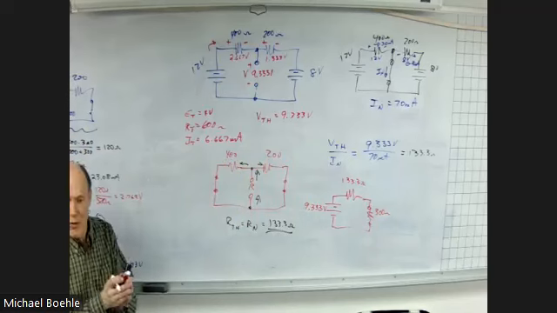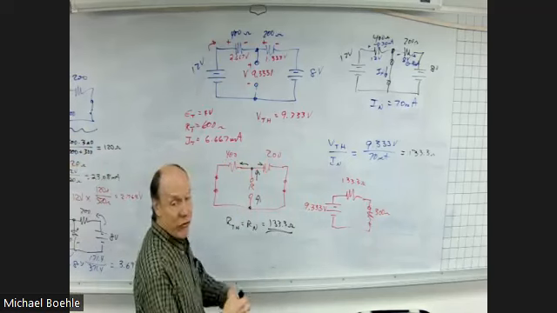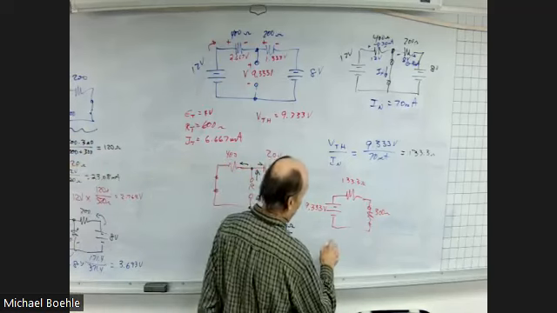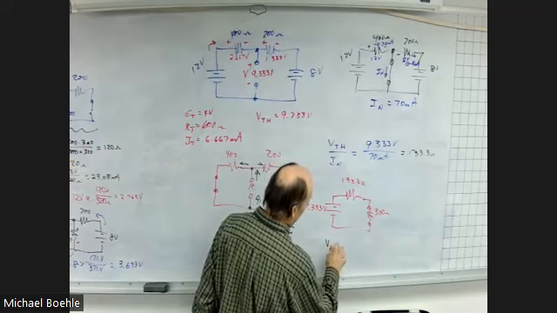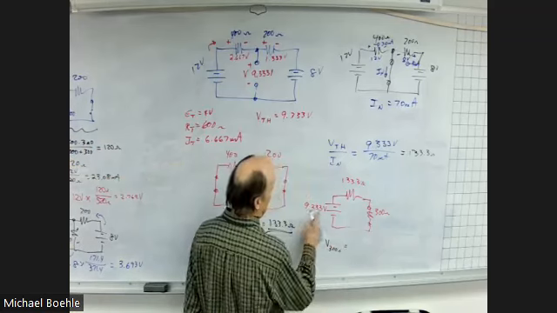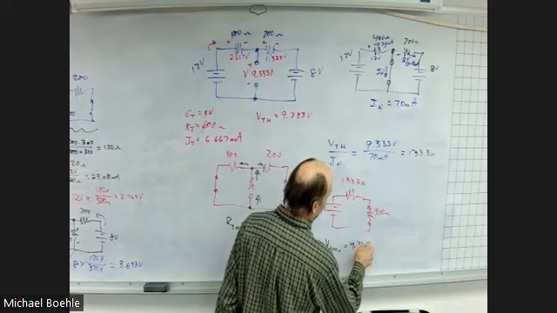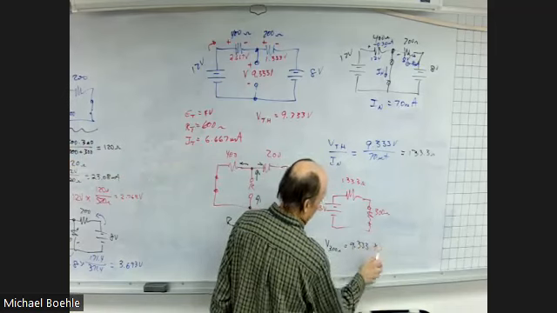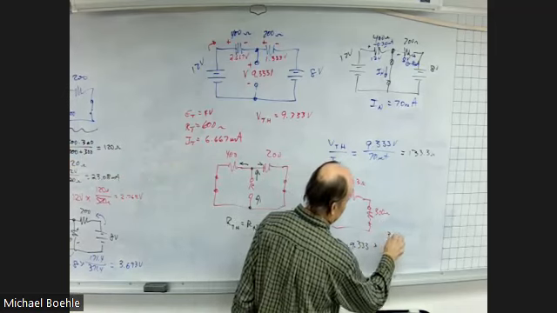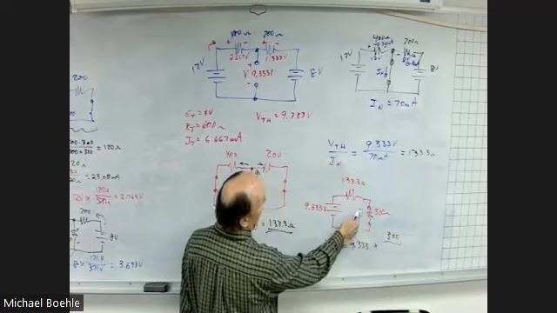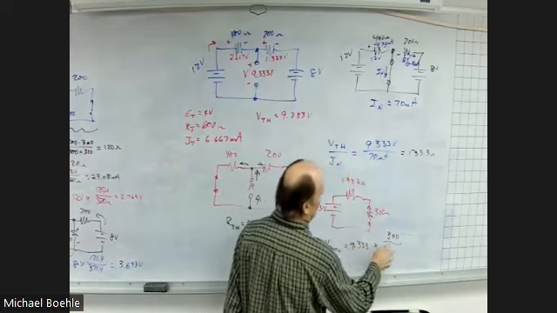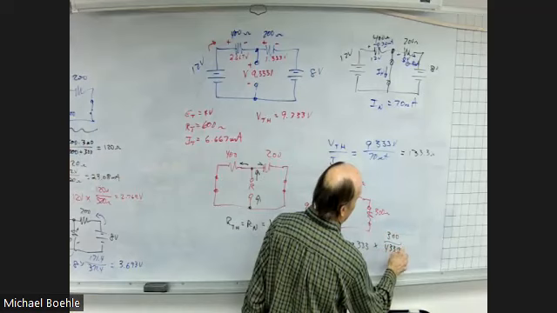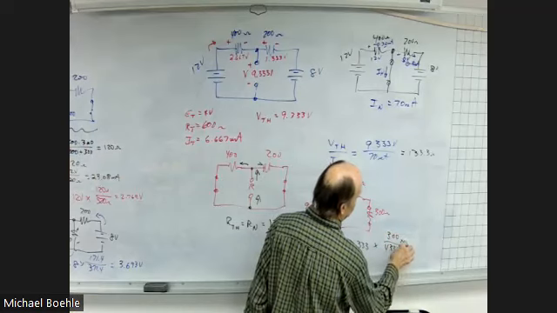Now, solve for the voltage. Well, that's a voltage divider. So the voltage across the 300 ohm resistor will be 9.333 times 300 divided by the total resistance dividing it, which is 300 plus that, or 433.3 ohms.